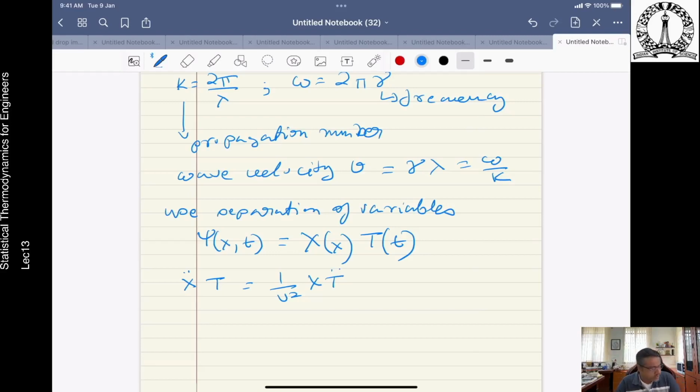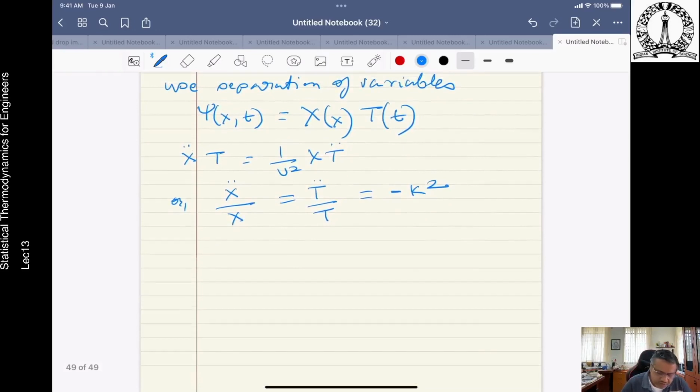Double dot signifies the second derivative. Or in other words, X double dot by X is equal to T double dot by T is equal to minus v squared.